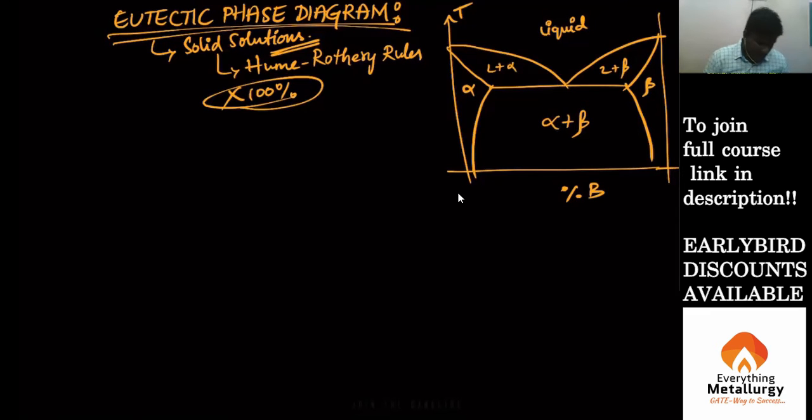So you can use everything we have discussed, like phase rule, tie line, lever rule, everything is applicable here. But the reaction at this point is the new thing, because if you see, my liquid is transitioning into two solids. This is the eutectic reaction, and this temperature is called my eutectic temperature.